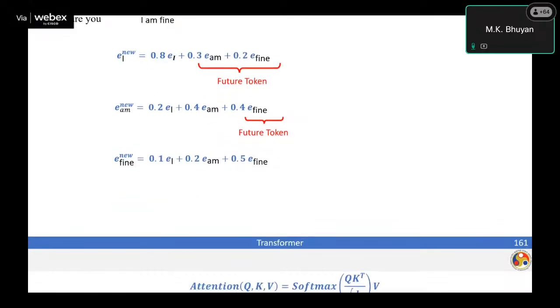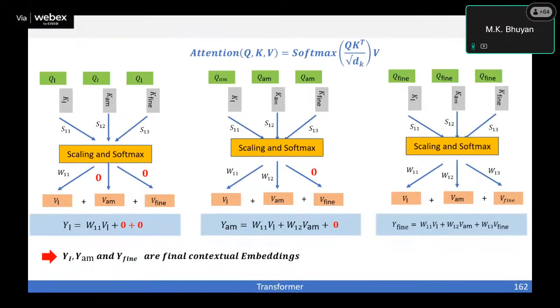So again, you can see we are determining the attention value. Y1 equals W11 V1. The future tokens we are not considering, so 0 plus 0. We are considering attention: the dot product between query and key, and after this we are doing the scaling and the softmax operation, and after this we are multiplying with V. So W11 V1, but am and fine are not considered, so the future tokens are 0 and 0.